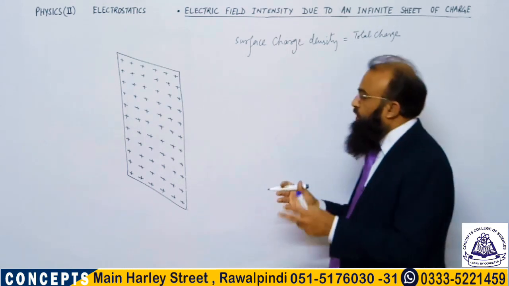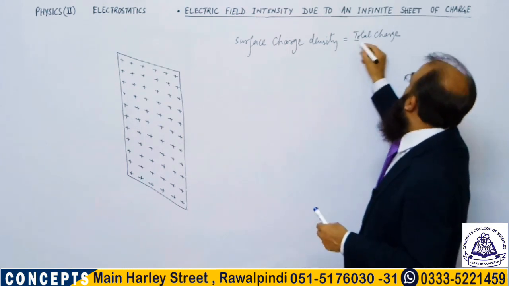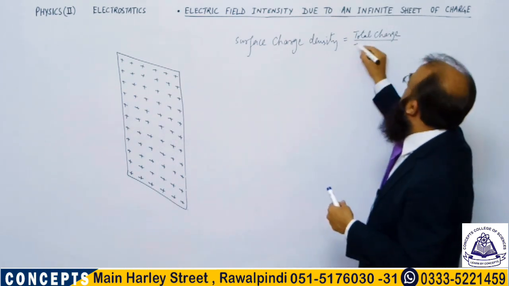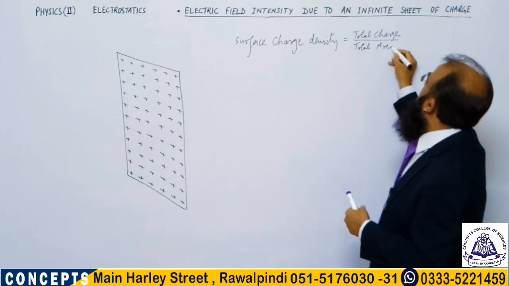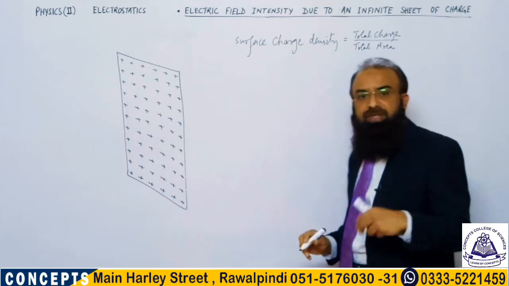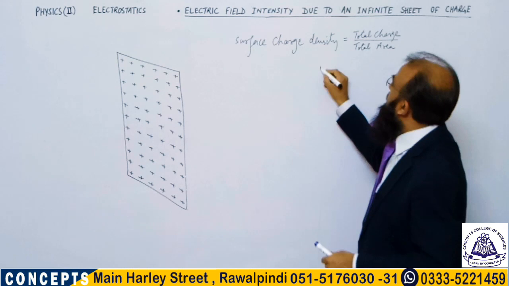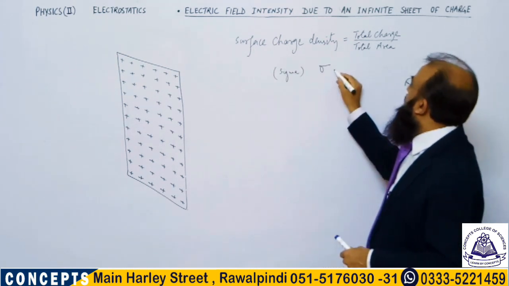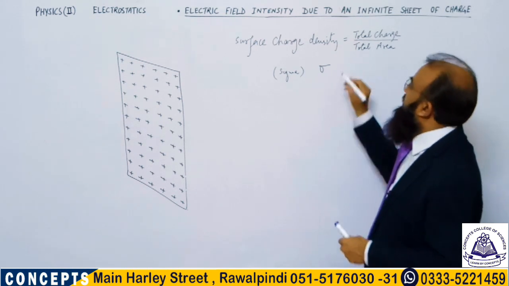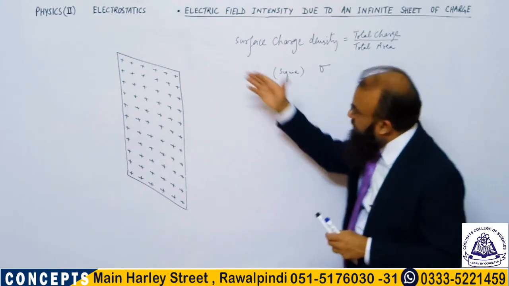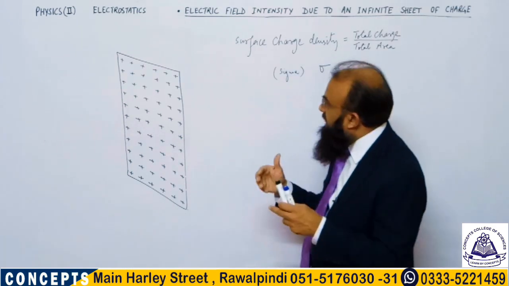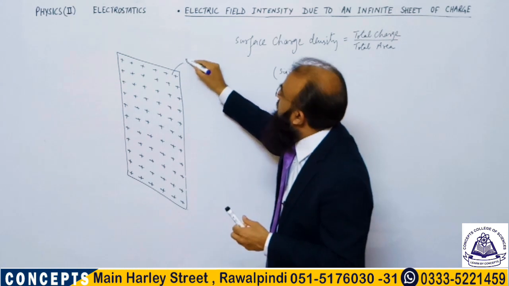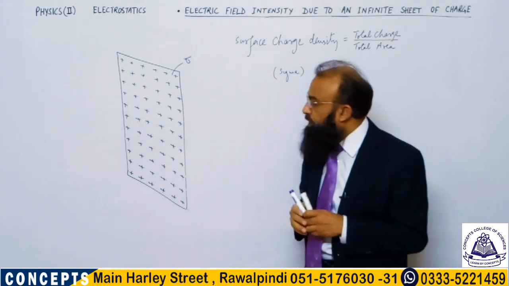If the charge is distributed uniformly, then whatever part you take, it is the total charge on that part over its area. We represent the surface charge density by sigma. So as this sheet has uniform distribution of charge, its surface charge density is sigma, suppose.